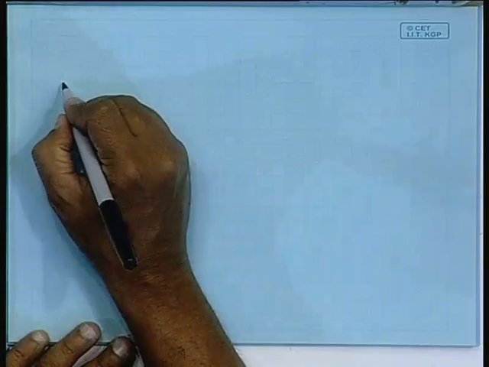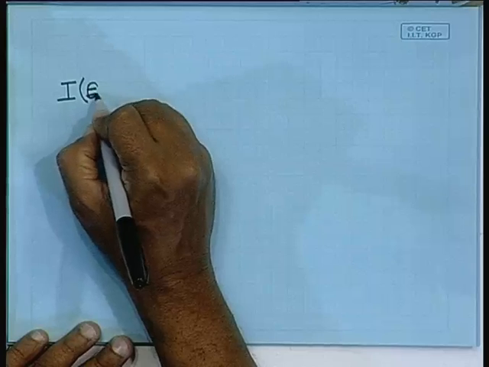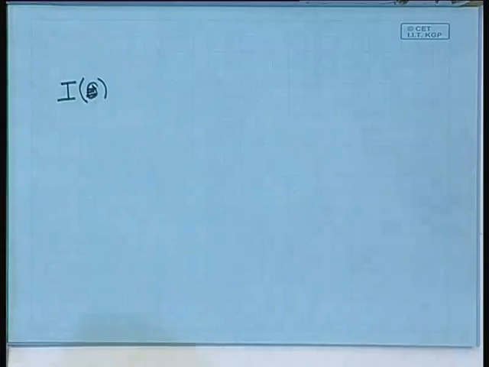Recollect the expression that we had calculated for the intensity in the Young's double slit apparatus. I is a function of theta, where theta is the angle on the screen.